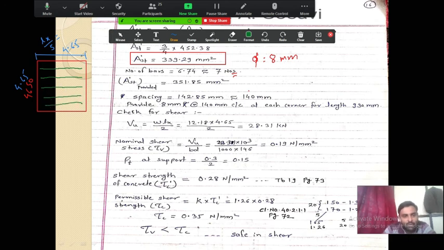So along which direction are our bars? Our spacing must be along this 4650. How many bars are we going to provide here?